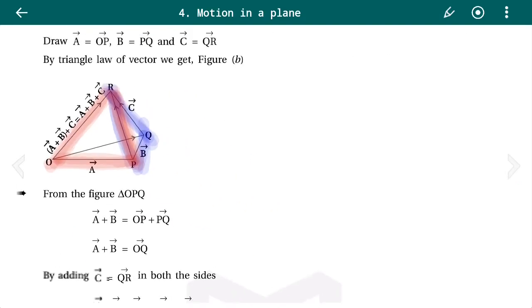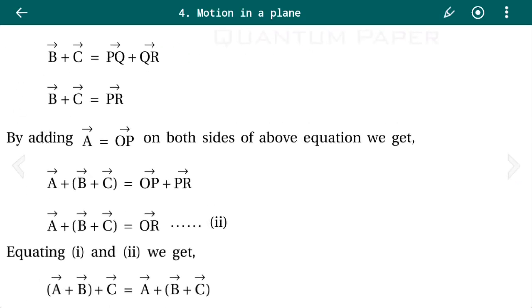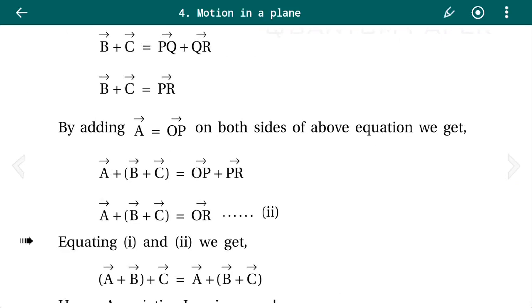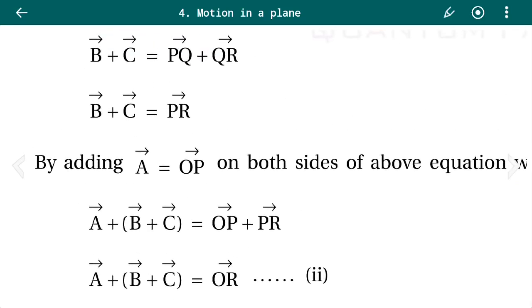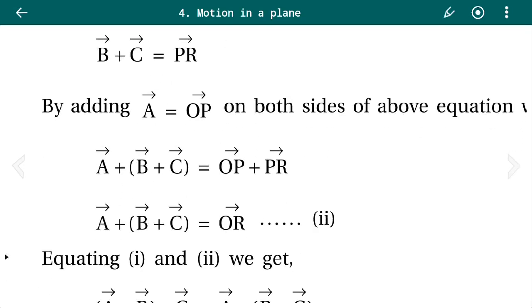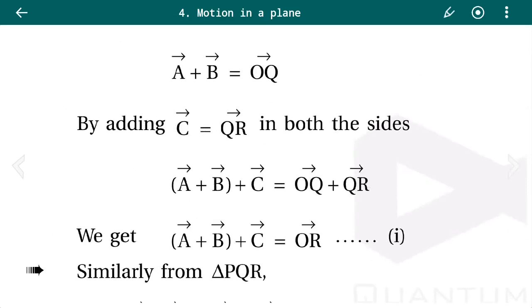So B plus C and plus vector A will give me the OR. So by adding A on both the sides, that is vector A plus in bracket vector B plus C is equal to PR plus vector A, which is equal to what? That is OP. So we can write directly OP plus PR.